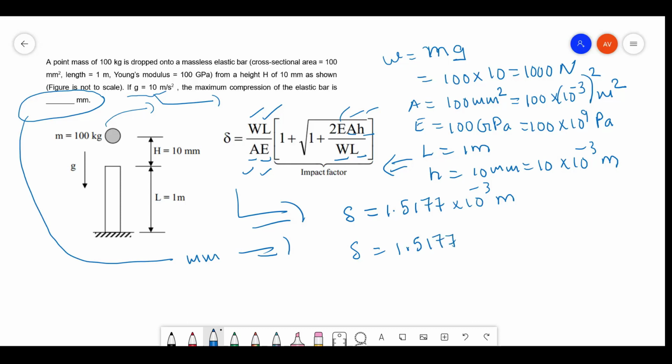This is your final answer. If you knew the formula, it would have been much faster to solve this. However, even if you don't know it, if you know how to derive it, that will be easier. If you want to know more about elongations and deformations, please check out the NPTEL courses. Thank you.